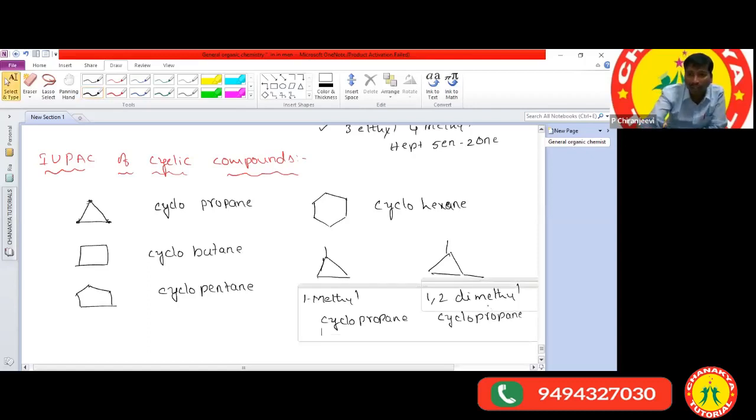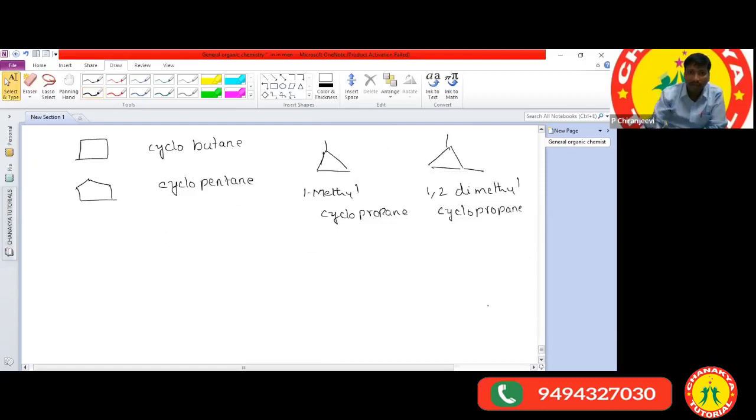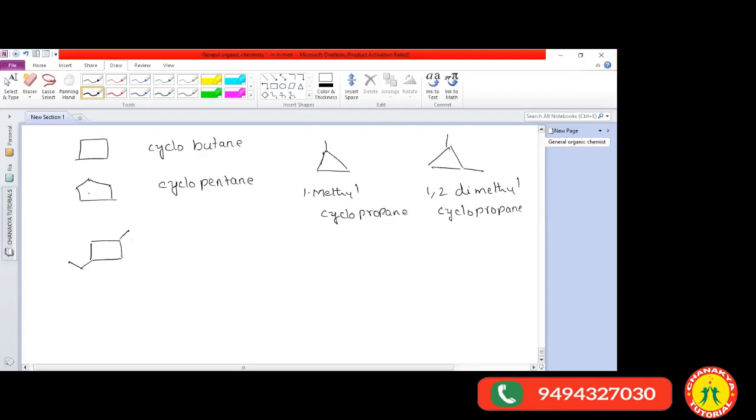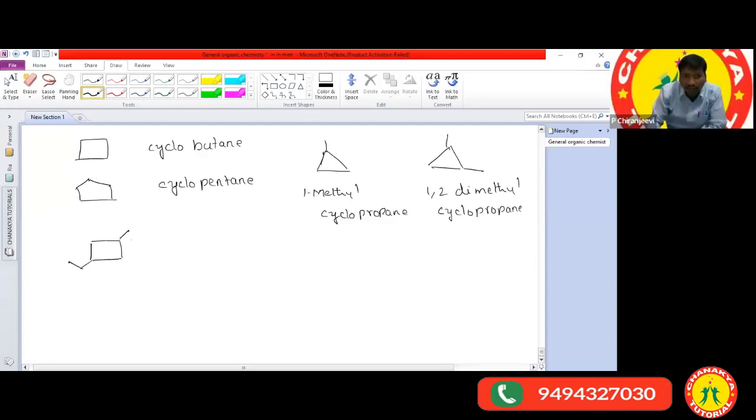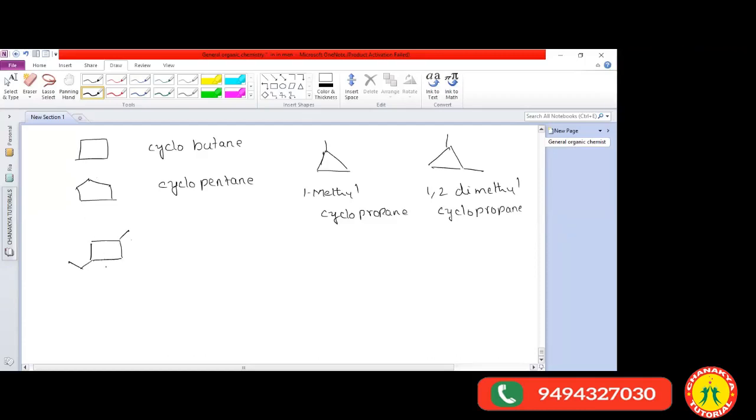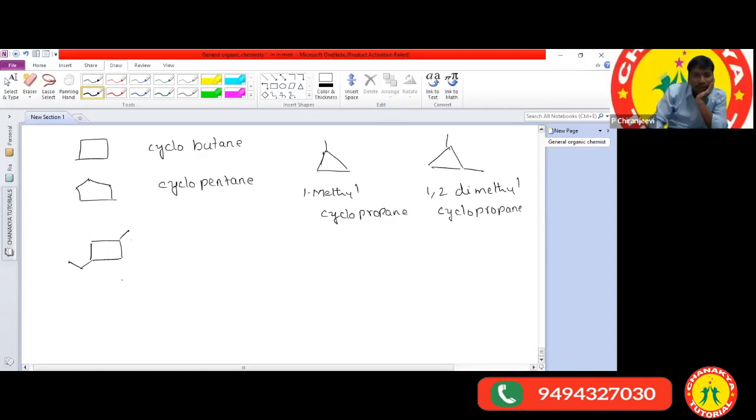Next, if I write like this, who's going to give the name of this one? For which one will we give the first priority, the ethyl group or the methyl group? Both are at the same position. Ethyl.